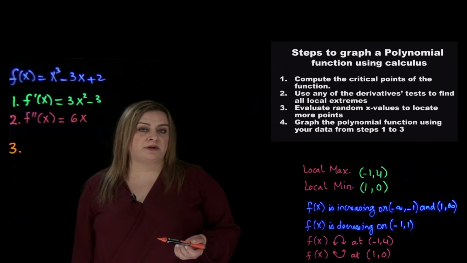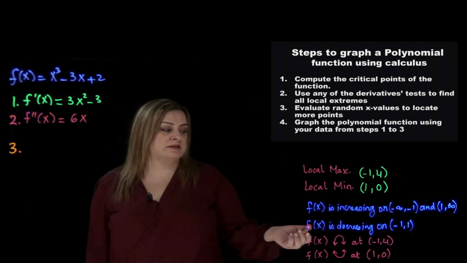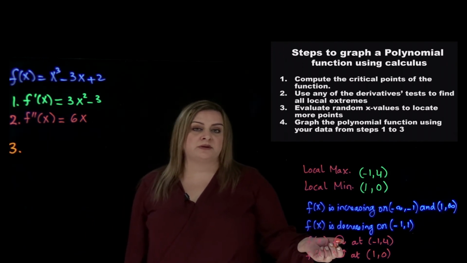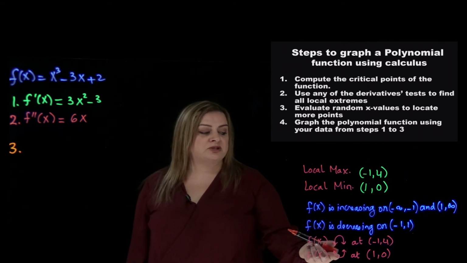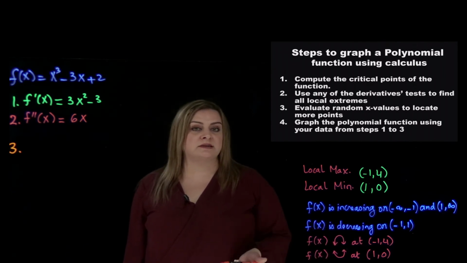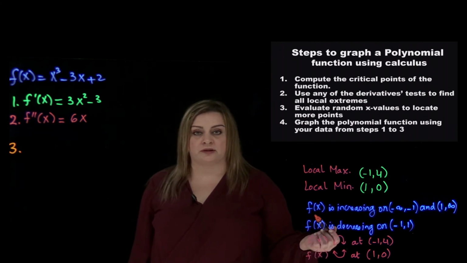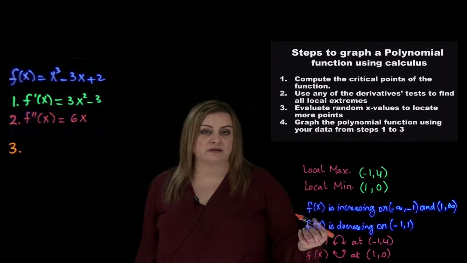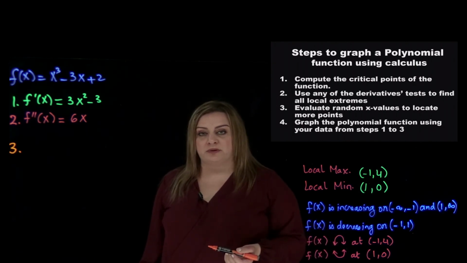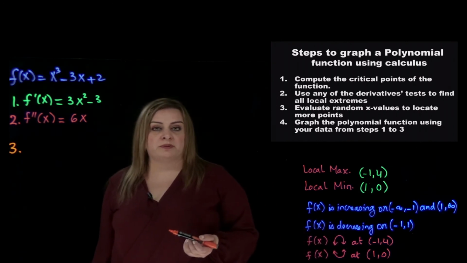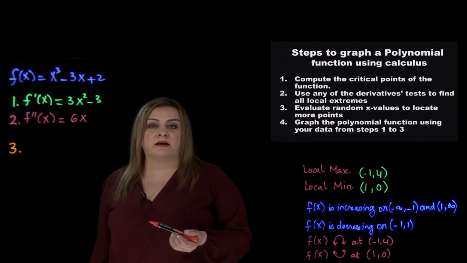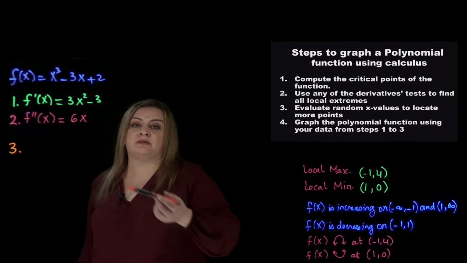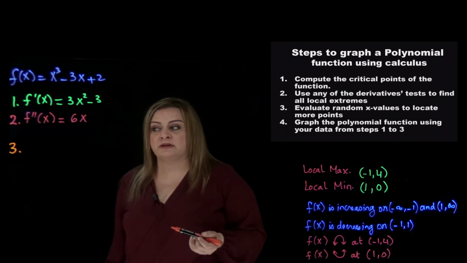One particular point of interest is the inflection point, because by applying the second derivative test, the concavity changed between the local extremes, so I know there will be an inflection point between the two local extremes. To find the inflection point, we set f double prime of x equal to 0, find x, and evaluate our original function f at the value of x we found.